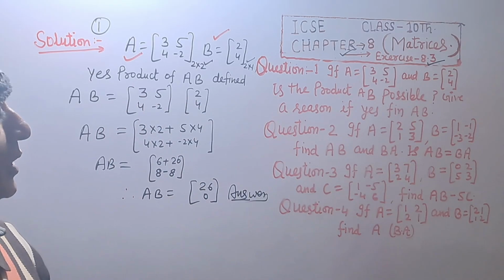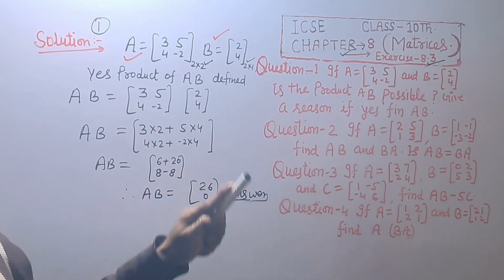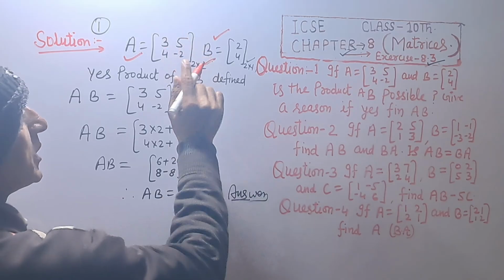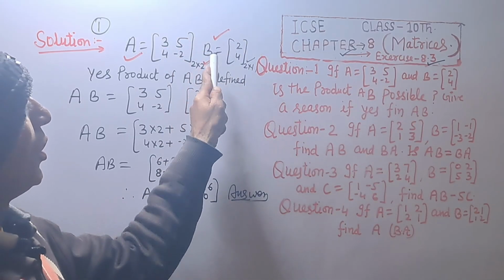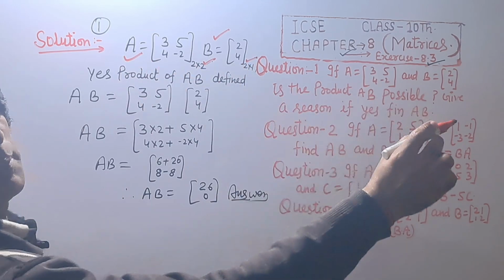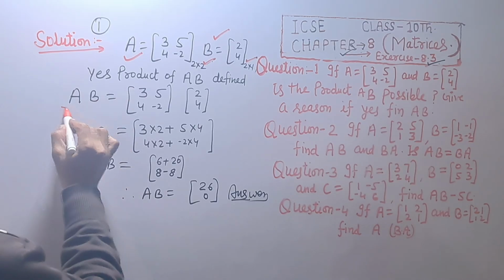According to the question, is the product AB possible? Yes, it's possible because the number of columns in matrix A equals the number of rows in matrix B. Then AB is defined. So we find the product of AB.